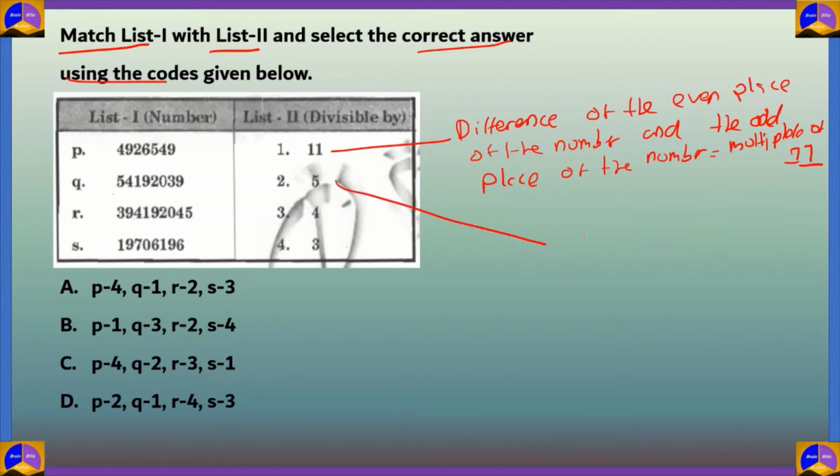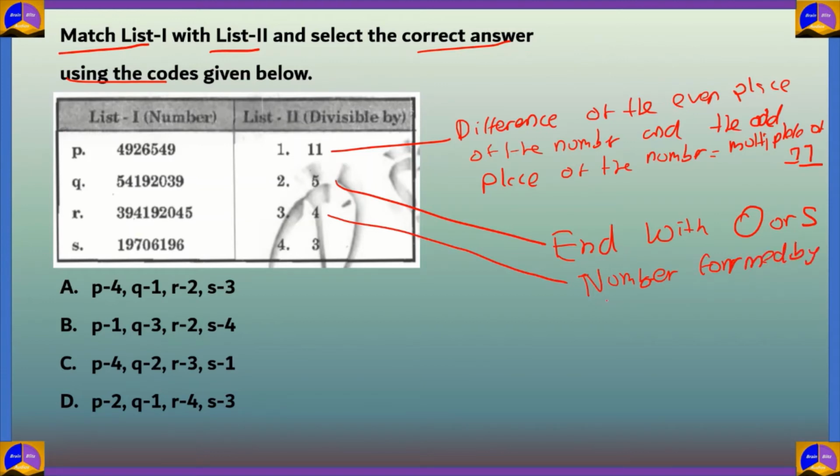And the divisibility rule of 5 is that it must end with 0 or 5. For 4, it's that the number formed by the last 2 digits will be a multiple of 4.